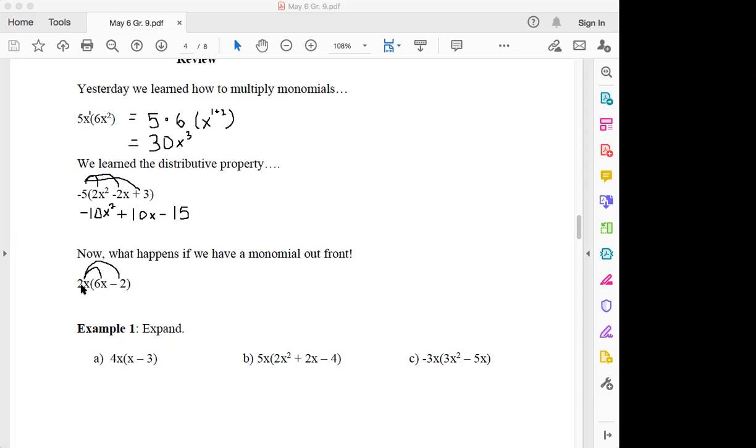So you would do 2x times 6x, which would be 12x squared. Okay, so you're multiplying the 2 and the 6, and you're adding your x's. So you would have 12x squared. And then you would do 2x times -2, which is -4x.